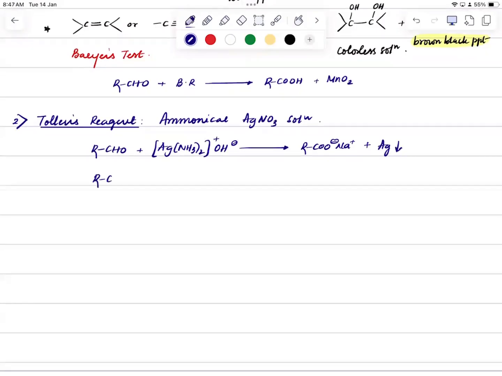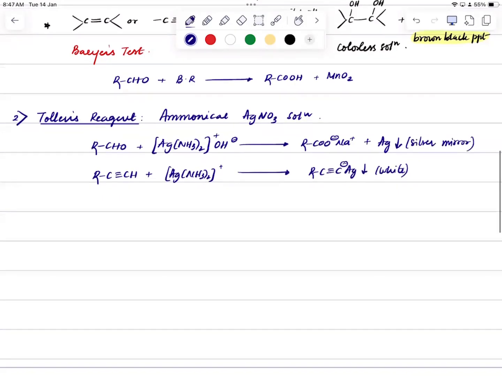Another place where it is being found is the terminal alkynes, where the same complex Tollens reagent is used, and this will give us white PPT, silver mirror formation.